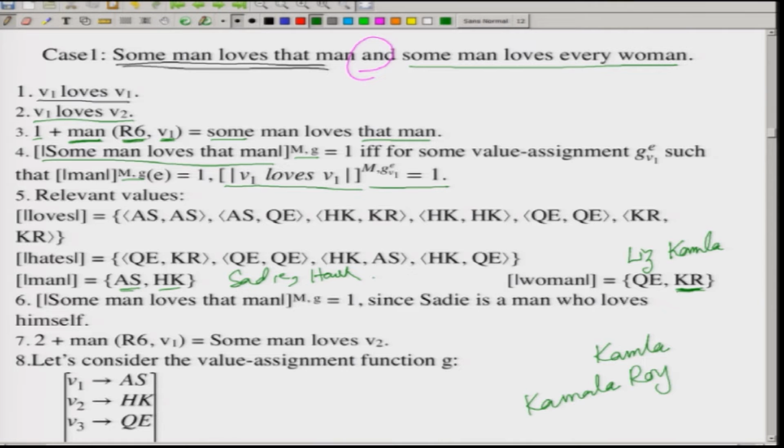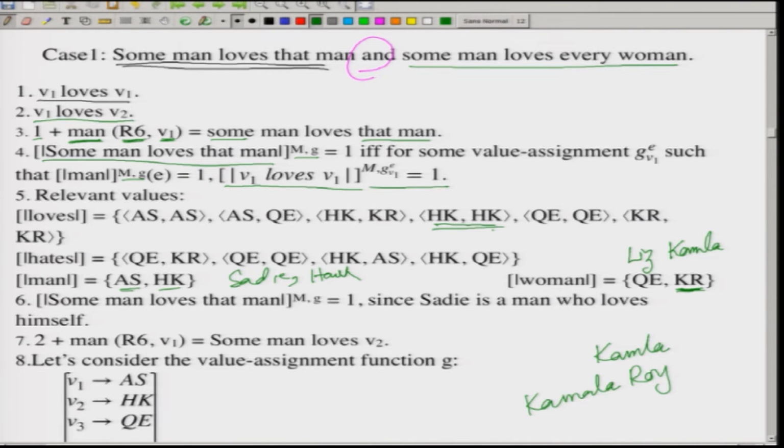Now, if we look at the structure of loves, we can see that Sadie loves himself, Sadie loves Queen, that is Sadie loves Liz, and Hank loves Kamala, Hank loves himself. So the point is, we should find a man who loves himself. Now we are happy here because Hank is a man who loves himself.